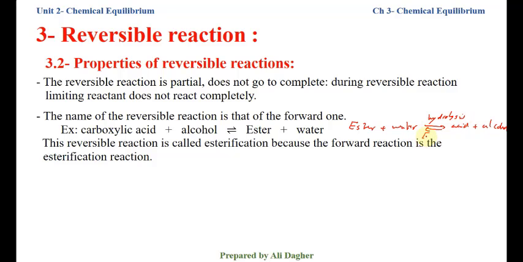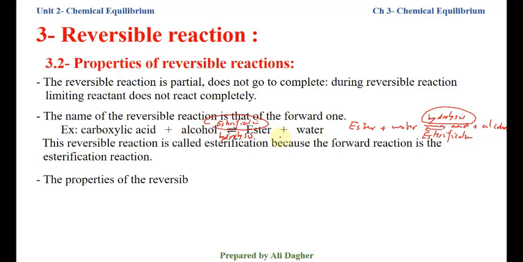The backward is esterification. Then the name of this reaction is the same as the forward, hydrolysis. In the previous case, the forward is esterification, the backward is hydrolysis. Then the name of that reaction is esterification, as the name of the forward reaction.